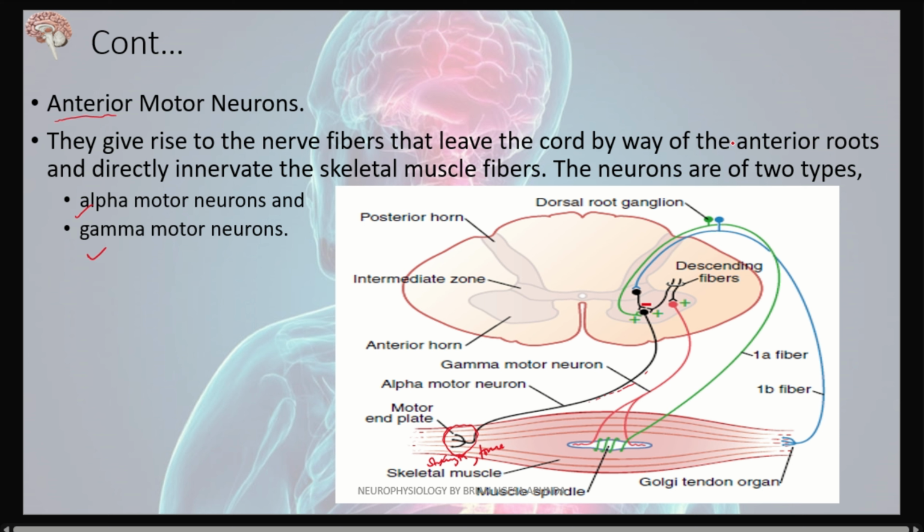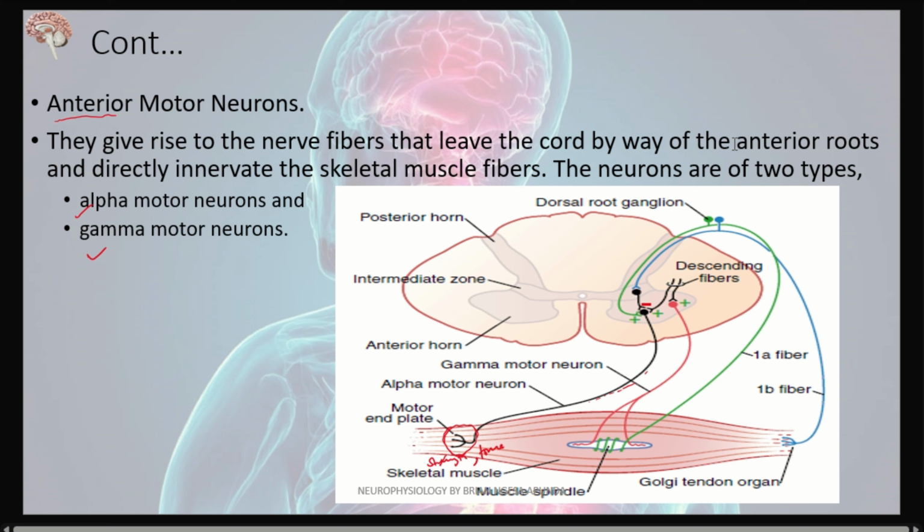Maybe there are some changes in the length of the muscle. That change in length will trigger or generate an impulse that is likely to be transmitted by a certain type of sensory nerve, the type 1A, all the way to the spinal cord.